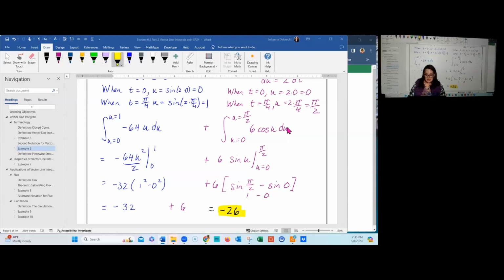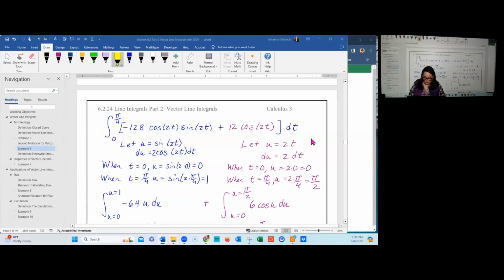When I look at the second one, I went and did a u substitution, but this time u was 2t. Then du is 2 dt. And again, I borrowed 2 from the 12, leaving it as a value of 6. Then I changed the limits of integration from t values to u values, finding that when t is 0, u is 0, and when t is pi over 4, u becomes pi over 2.